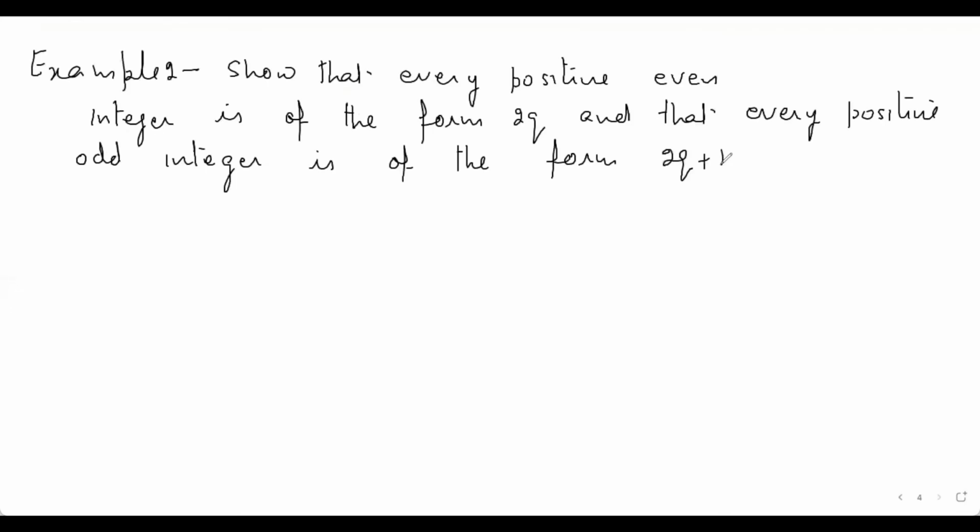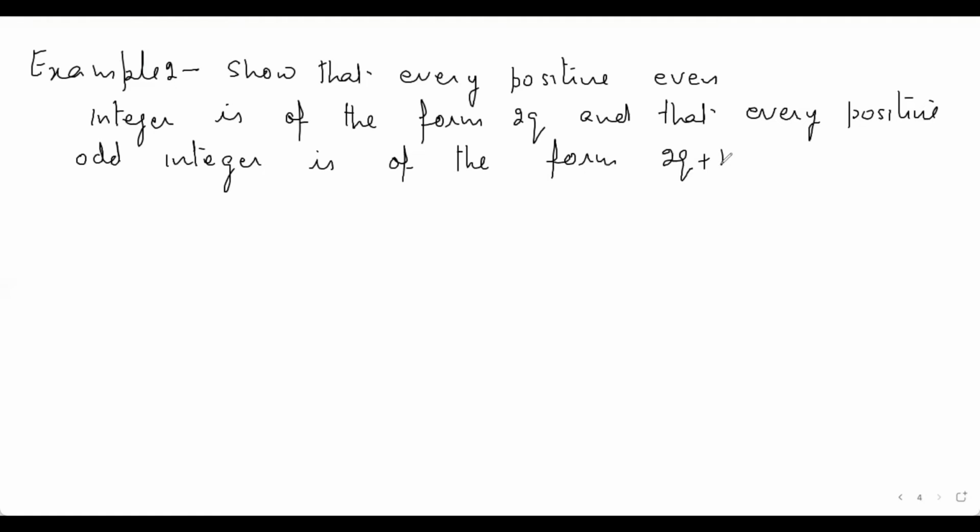of this method. Now example 2 is: show that every positive even integer is of the form 2q and every positive odd integer is of the form 2q plus 1. Now this is a very important statement.